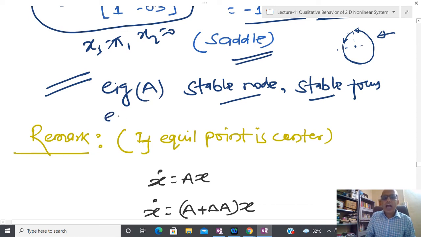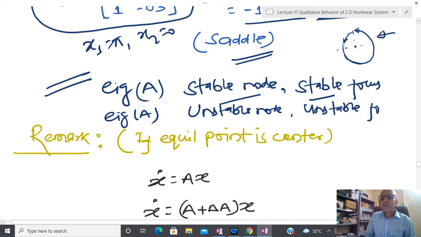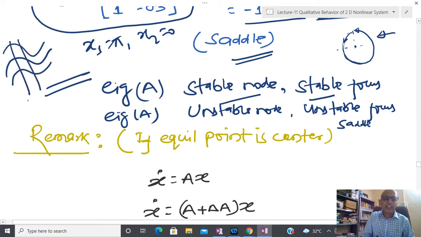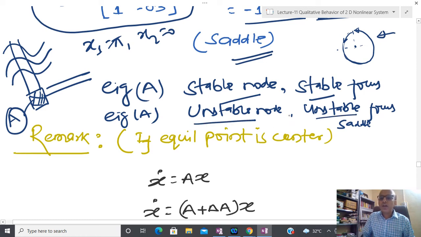If the eigenvalue of A gives an unstable node, or an unstable focus, or a saddle, in these three cases, suppose I have a nonlinear system whose trajectory is like this, and I view that trajectory through a linear scope using the idea of eigenvalues. If I find that it is an unstable node, unstable focus, or saddle, then I can comment that this particular nonlinear system is unstable about that point.